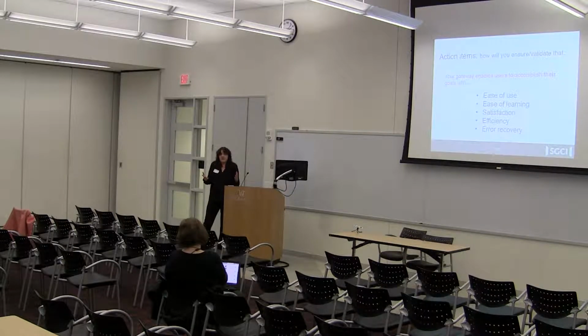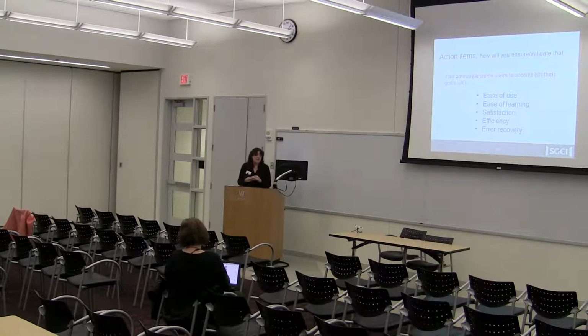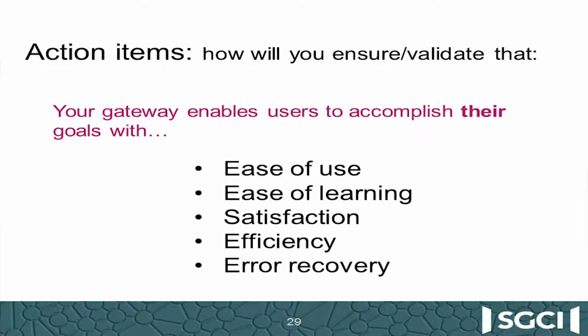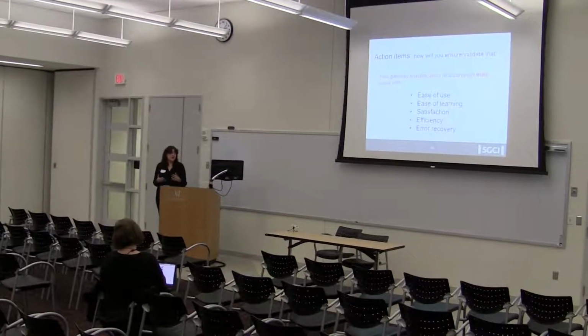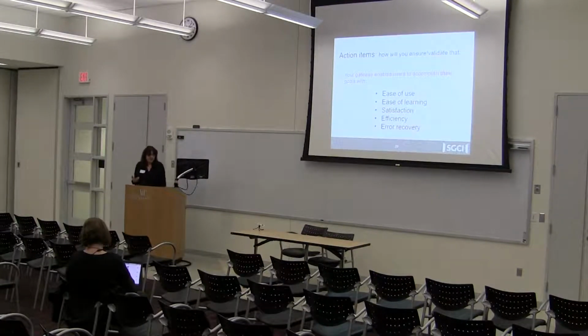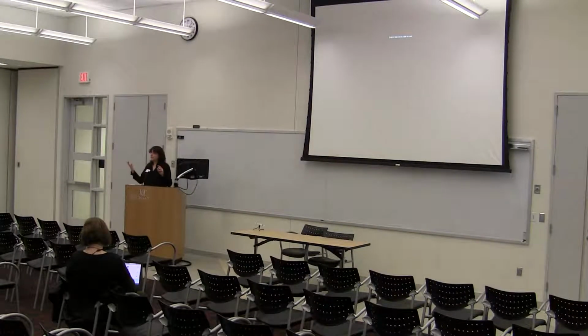Even if you put it in a command line or it's a script, you use a Jupyter or whatever it is, make it easier to use and easier to learn what it's doing, with options so that users can achieve satisfaction, are efficient in learning how to use it, and recover from the error. So these are really the 5 items to be considered. That was my usability section.